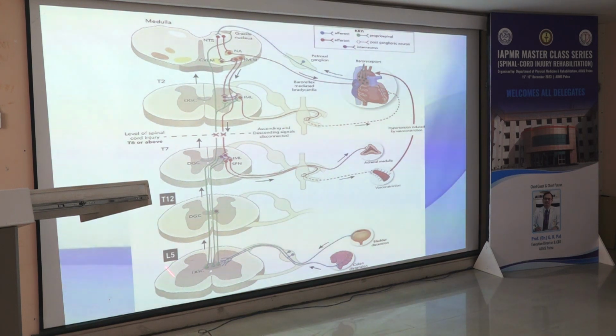The only thing is that if we can eliminate the stimulation somewhere below this level, then the whole cycle can be controlled. Meanwhile, we have to control the response of the hypersympathetic state.